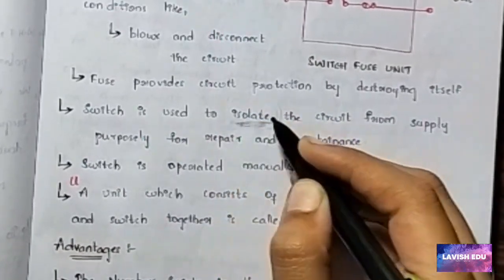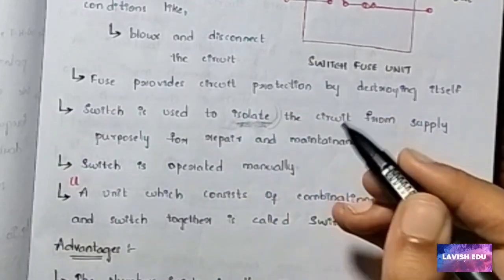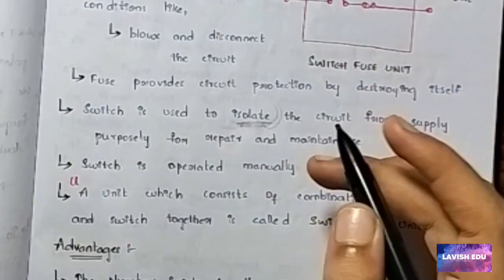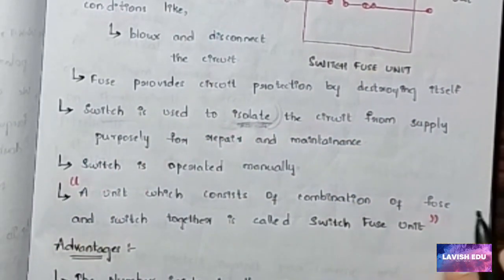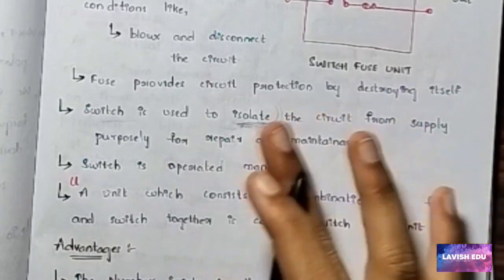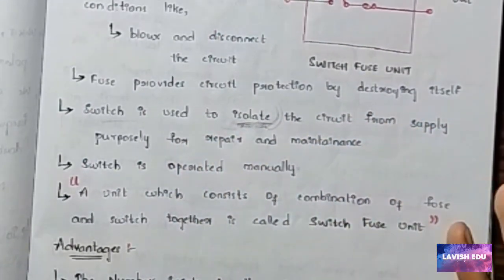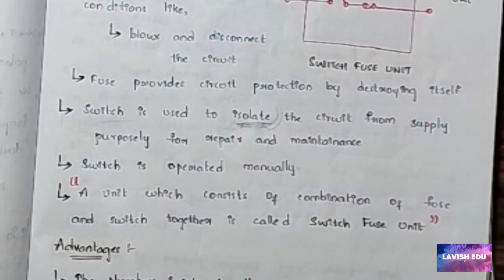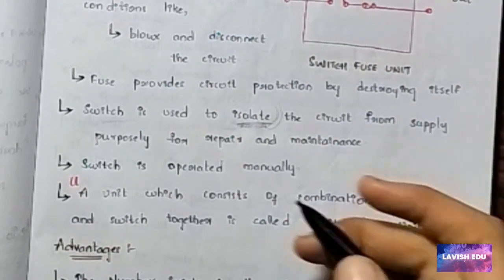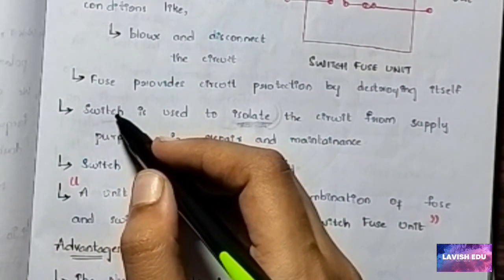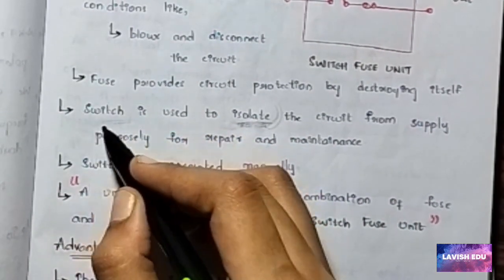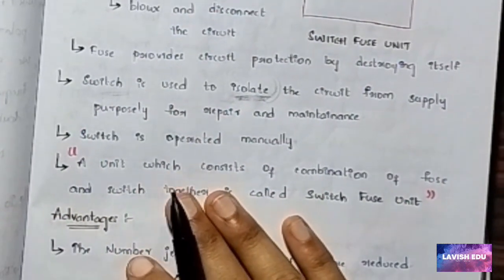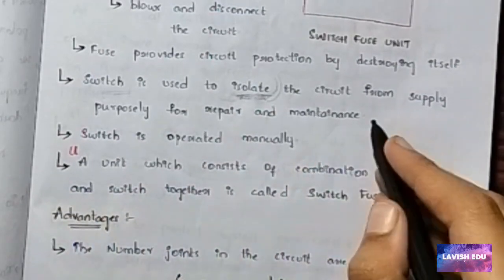Isolation means staying alone. The staying alone of a circuit can be done only with the help of a switch. By using this switch we decide whether we want to allow the current to flow or not. We decide these things by clicking the switches, purposely for repair and maintenance.